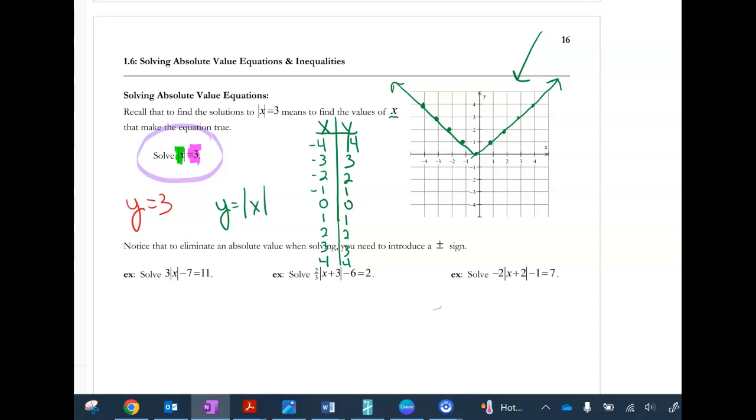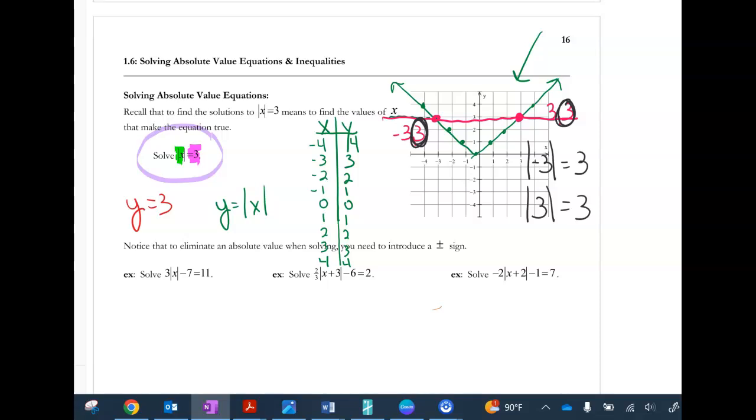So if I do a horizontal line at 3, let's get a different color here, I'm looking to see where these two graphs connect. So one place they connect is at 3, 3, and the other place they connect is at -3, 3. And we're trying to figure out, what do they have in common? And that is this. So their answer, whether I take the absolute value of -3, I get 3, or if I take the absolute value of 3, I get 3.